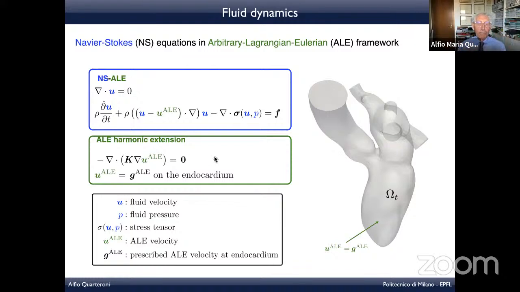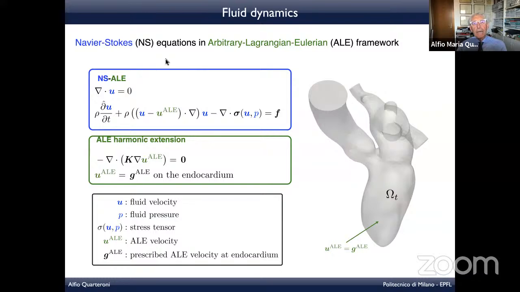Here we took the most classical, but also the easiest way, which is harmonic extension. We are just extending harmonically the position of the endocardium to the internal volume. And we solve then a Laplace equation for that.